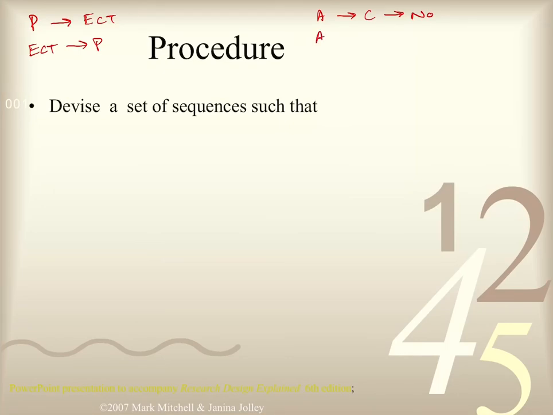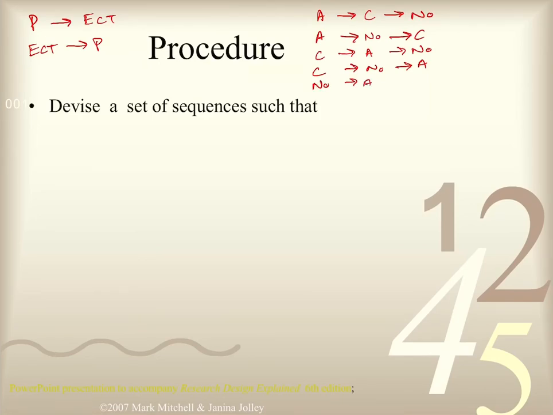What's another sequence we could do? Well, we could do alcohol impairment, then no impairment, then cell phone. We could do cell phone, then alcohol, then no impairment. We could do cell phone, then no impairment, then alcohol.